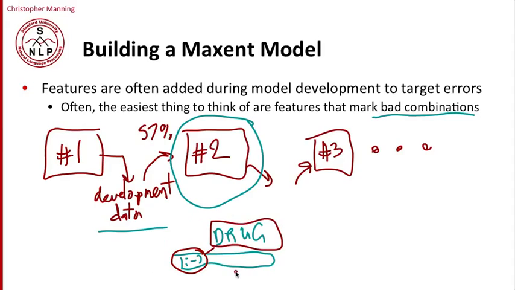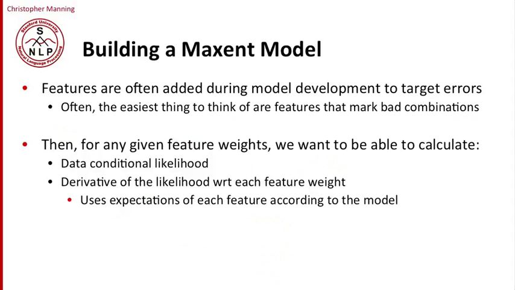And so you can define a feature for this combination. And so this kind of style of features, where you target errors and find some way to explain to the model why that's a bad configuration, is often one of the most effective ways to add features.